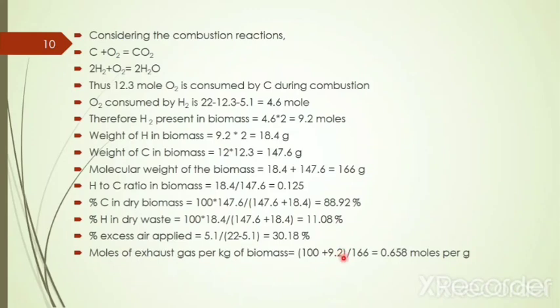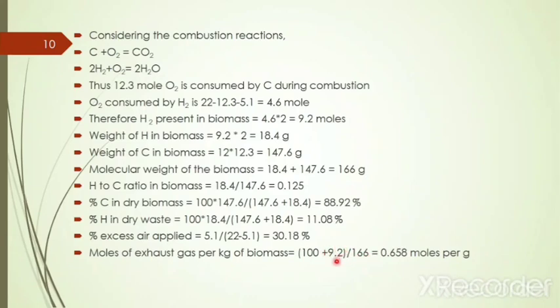Because it is dry biomass, there is no water in the flue gas basis, but we have found the moles of water, that is 9.2, similar to the moles of hydrogen. So 100 plus 9.2 divided by 166 is 0.658 moles per gram.